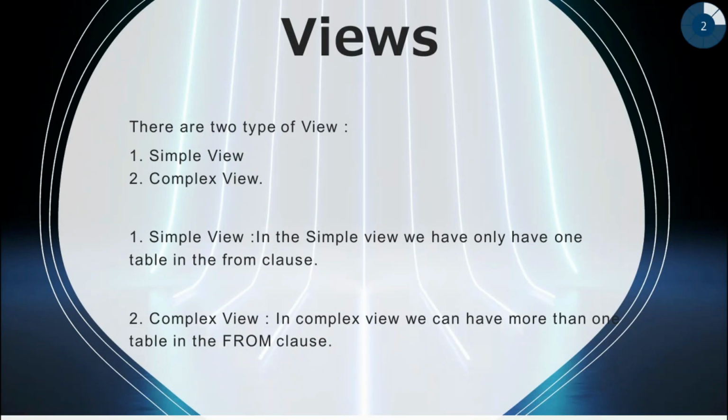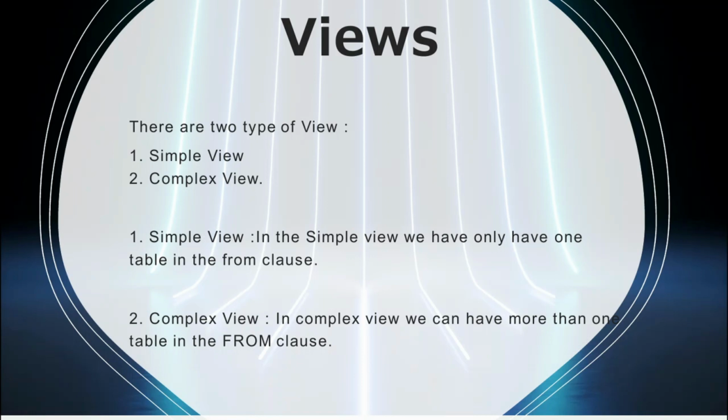There are two types of views. The first one is a simple view, the second one is a complex view. So friends, what is a simple view? In a simple view, we have only one table in the from clause, in the view definition.